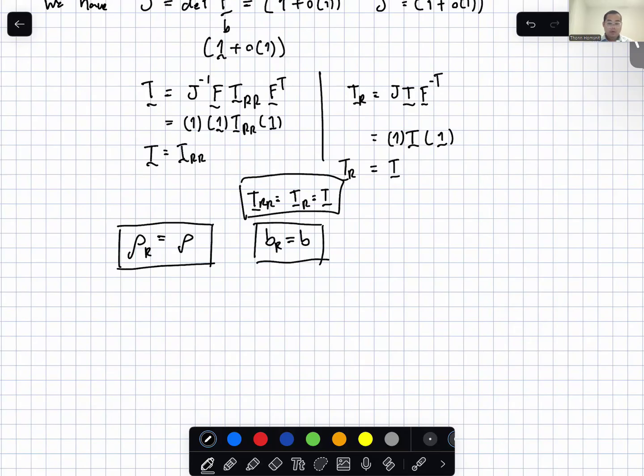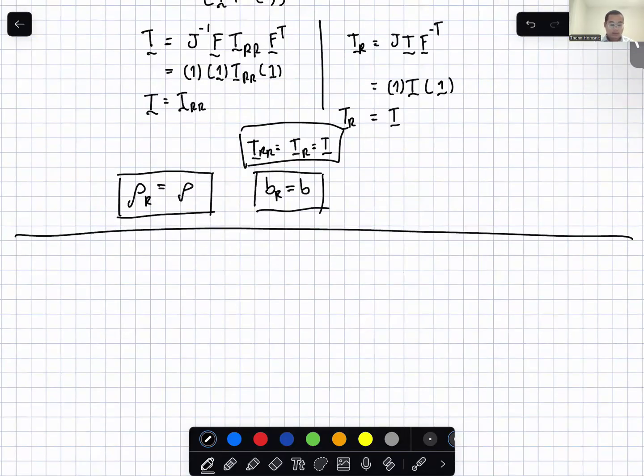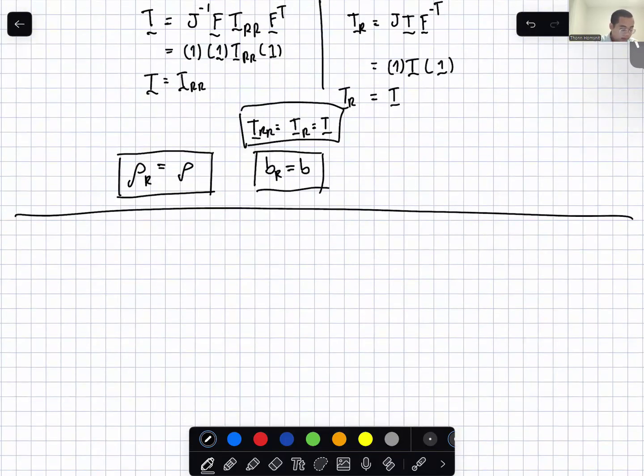After we have all of this, we can go to the last step, where we have to note that the elasticity tensor, sorry for that pronunciation, is the isotropic function.